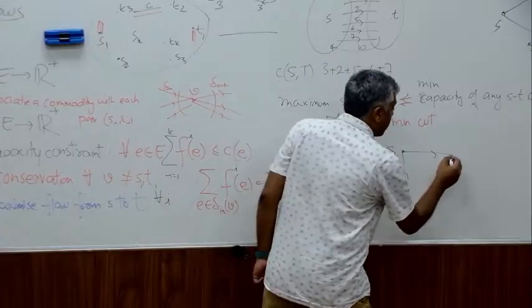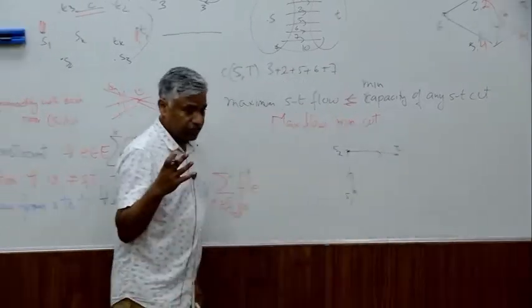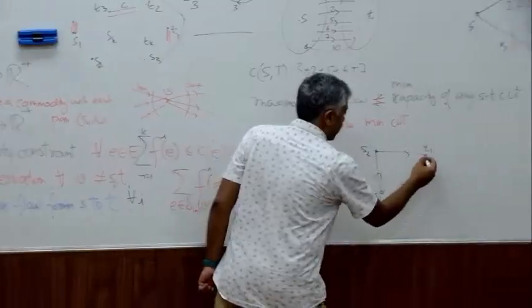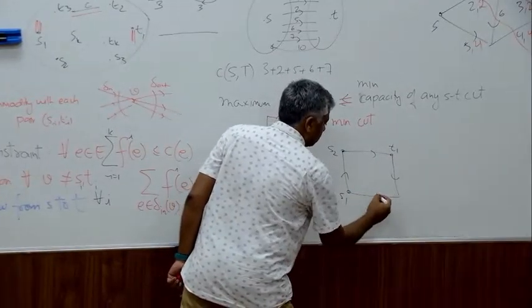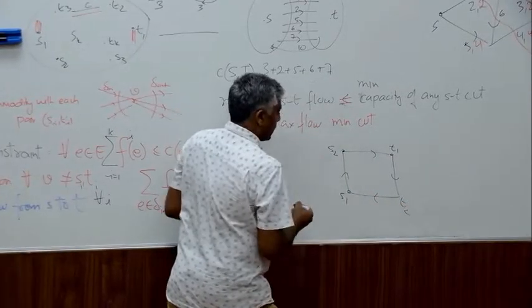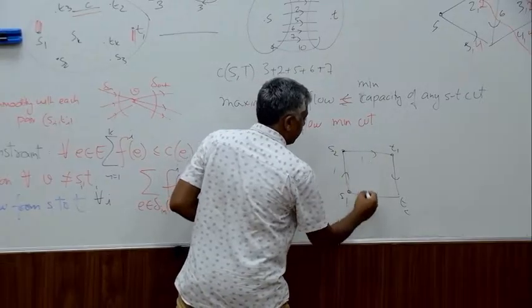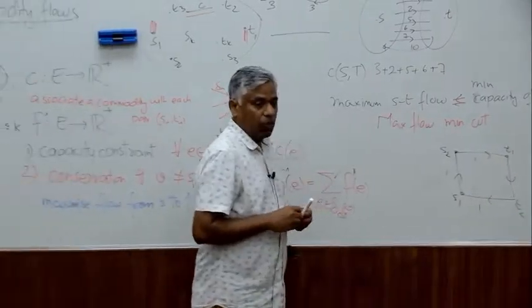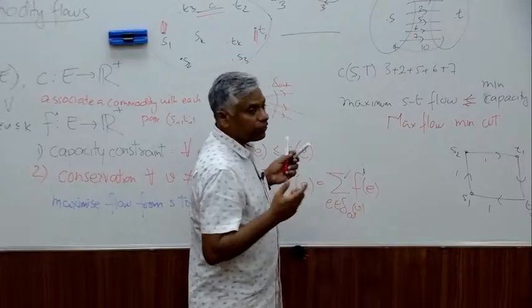See, it's very important that the destination matters. That's why I'm calling this commodity. So I could have a network which looks like this, with T2, and let's say capacities are all 1. And I wanted to send 1 unit of flow.